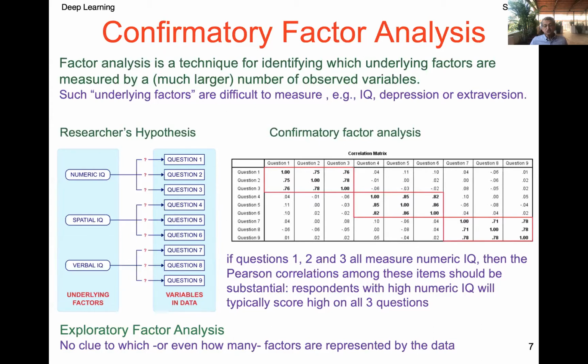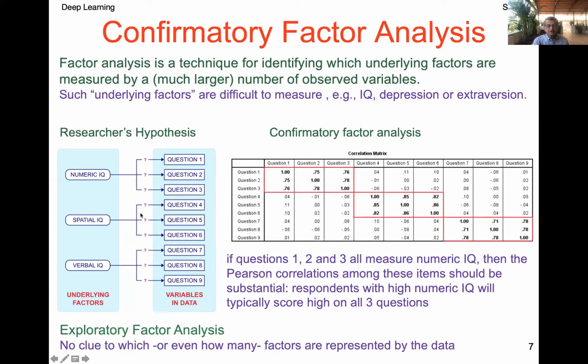So we're talking about scores in an exam. And the underlying factors are difficult to measure. So there could be like IQ, depression, extraversion. So the researcher wants to see whether what is observed is a performance on actual tasks. And can we give some support to these kinds of hypotheses?